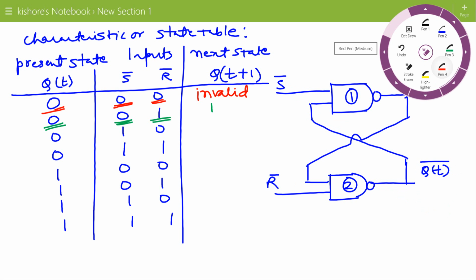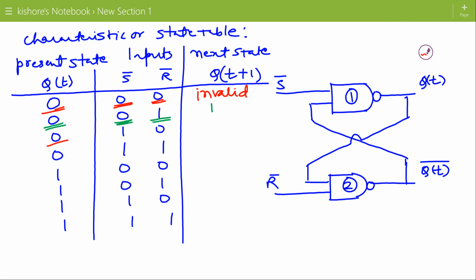Now let's check the next case. QT is 0, QT bar is 1, input S bar is 1, R bar is 0. Again, let us find out the output of first NAND gate. First, QT bar is the input for first NAND gate. 1 and 1 is 0. So this QT plus 1 is 0.